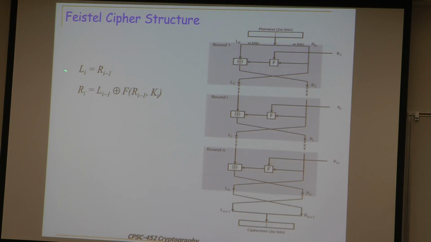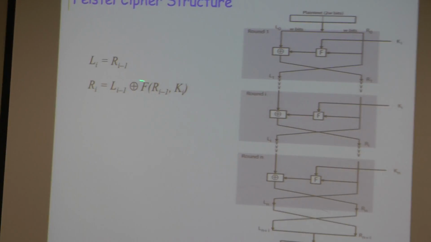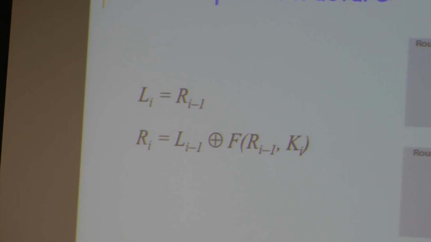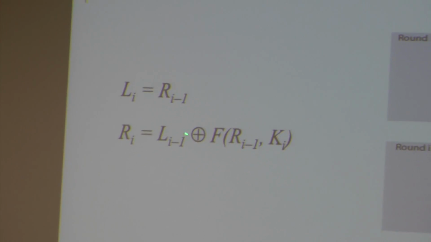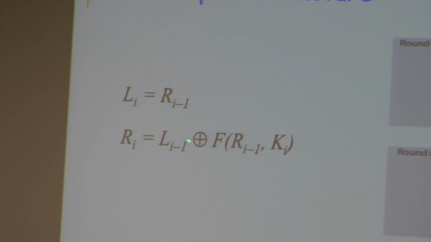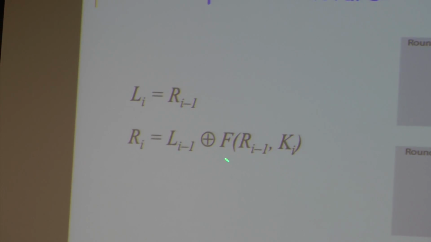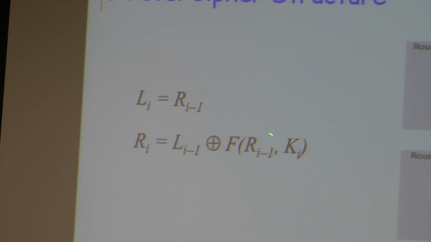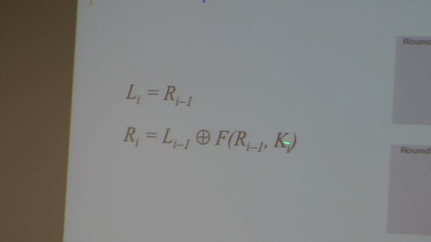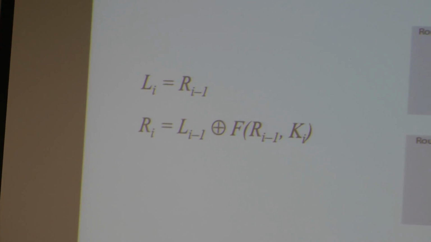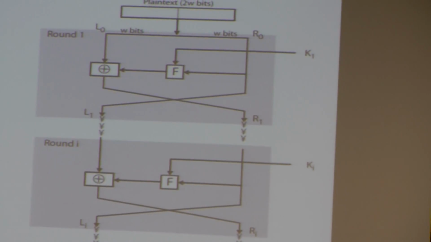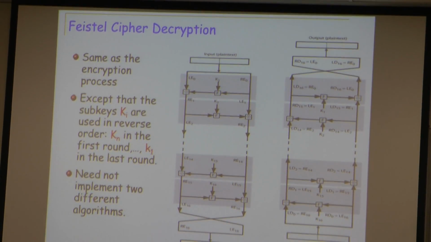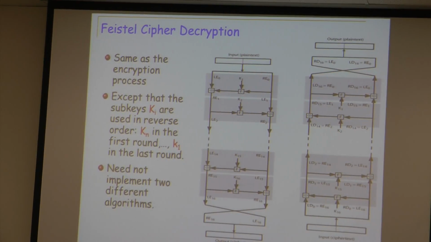Basically, for round i, the left-hand half is equal to the right-hand half of the previous round, and the right-hand half is equal to the left-hand half of the previous round, XORed with the output of the round function, which will perform substitutions on the right-hand half from the previous round based on the round key, that is Ki. Okay? Make sense?